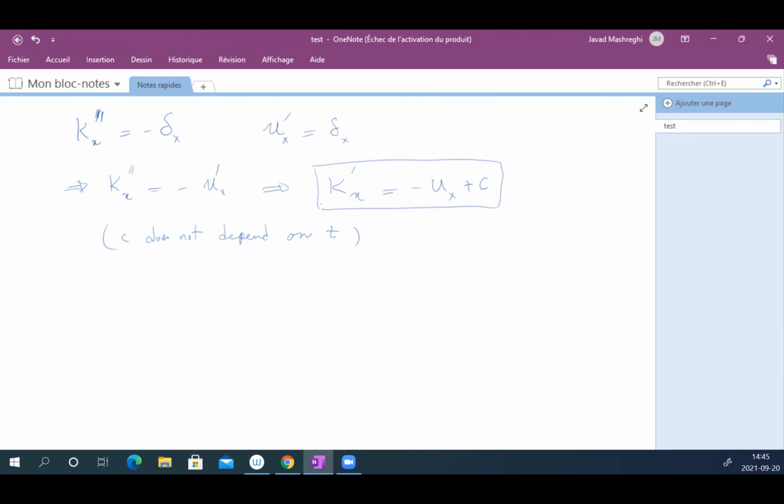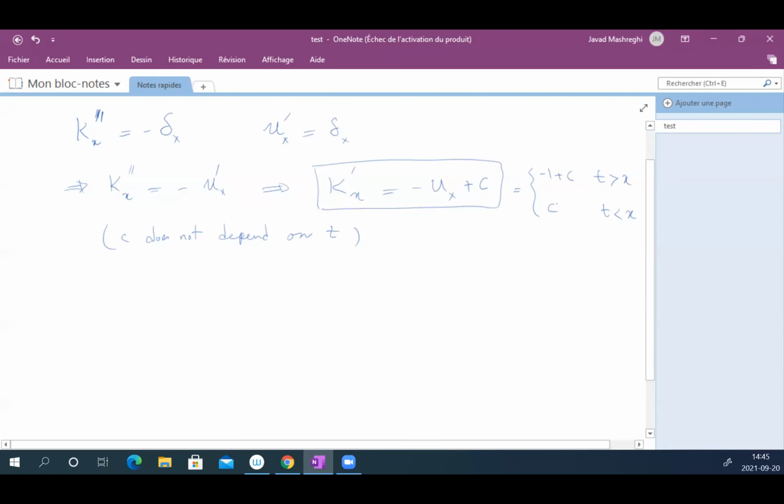Both interpretations end up with the same thing. We need to do one more antiderivative to find the answer. But to do so, recall the definition of u x: it is equal to 1 if t is bigger than x, so minus 1 plus c. If t is less than x, u is 0, so it's just c.